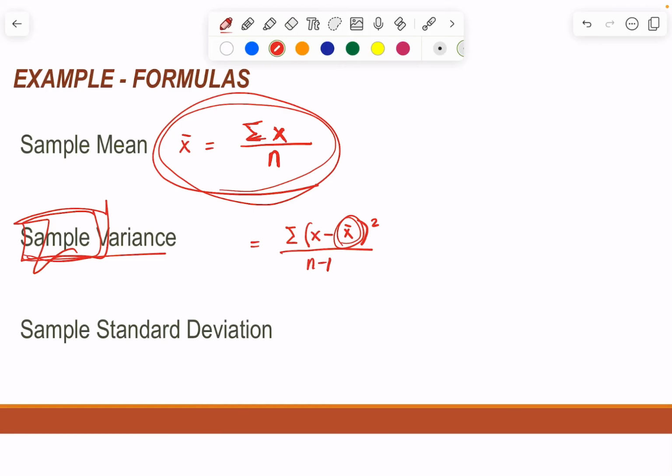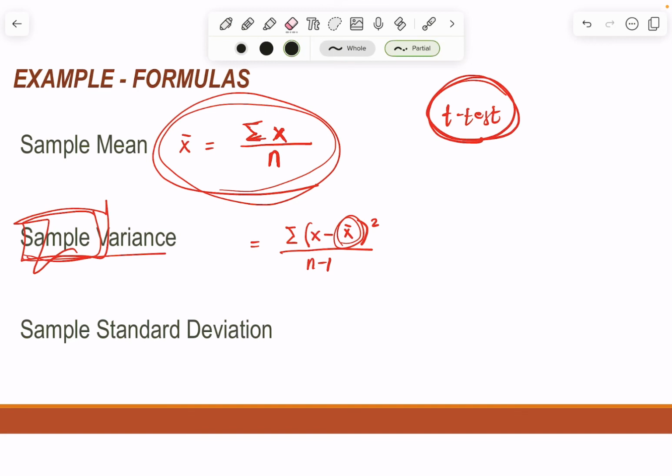Ganun na siya n minus 1, ma'am. Because, t-test naman ta. Ang sa t-test is naa siya sa small sample size na belong. So, that means, ato ang n is less than 30. So, naa siya n minus 1. Giderive ni siya nga formula from the central limit theorem.